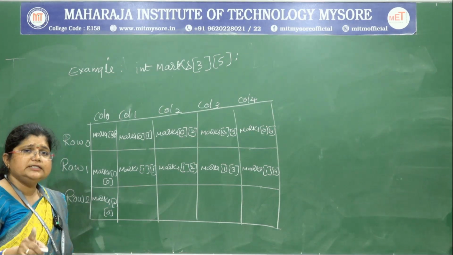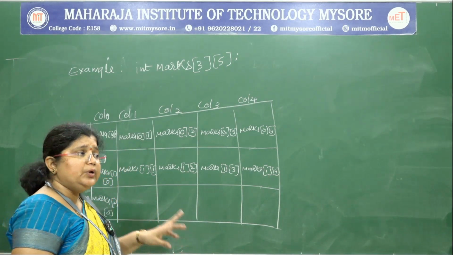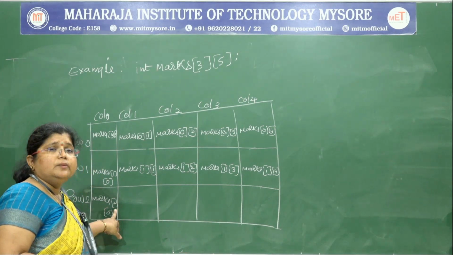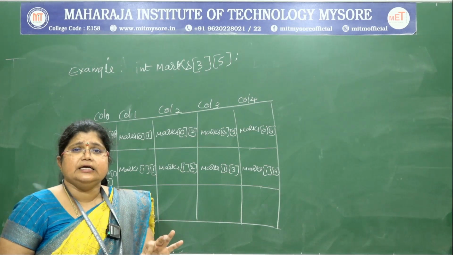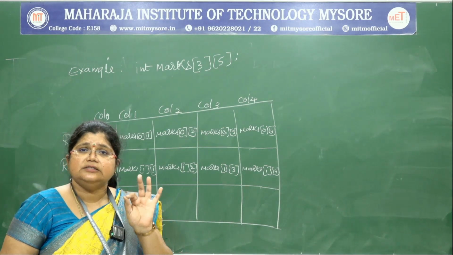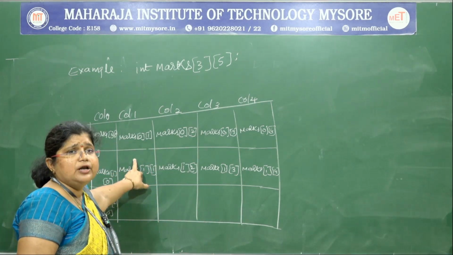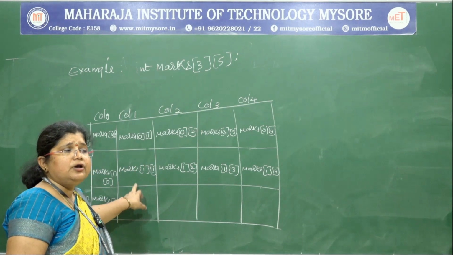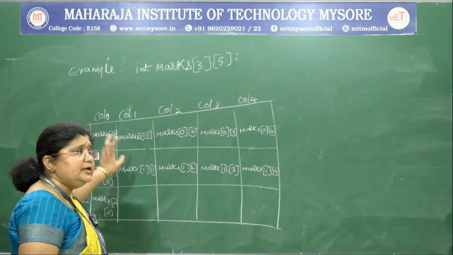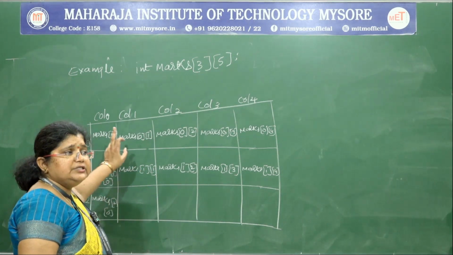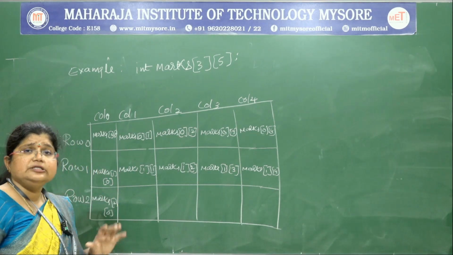If you want to access the elements of the third row, the third row will be subscripted by using 2, because here the indexing starts with 0. Row 0 is the first row, row 1 is the second row, row 2 is the third row.